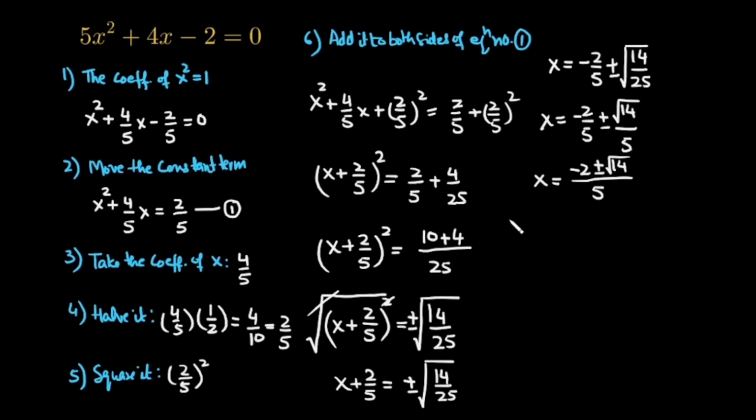So considering the positive sign first, x equal to minus 2 plus square root of 14 over 5. So x is equal to 0.348. So this is my first answer.